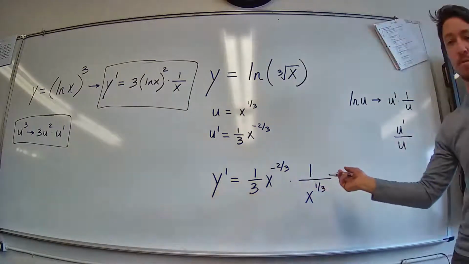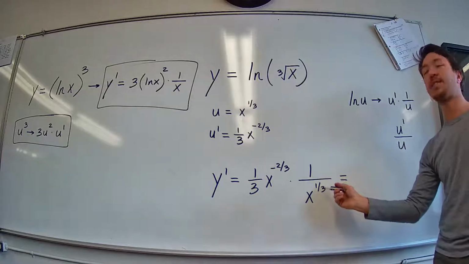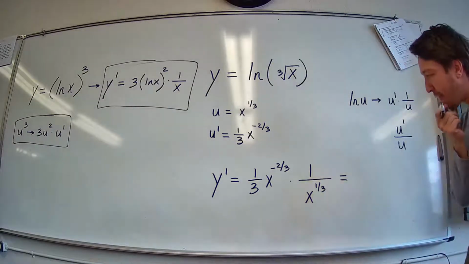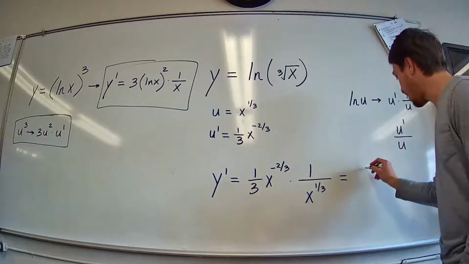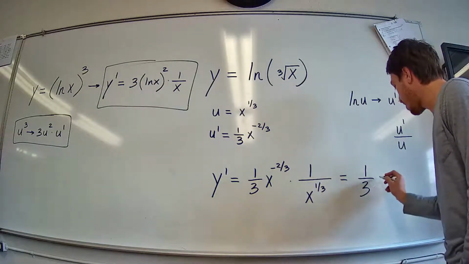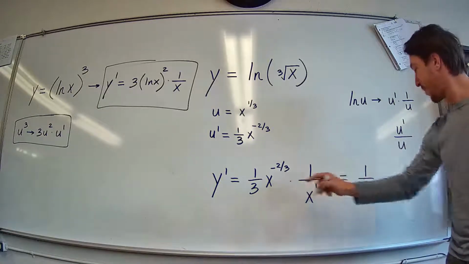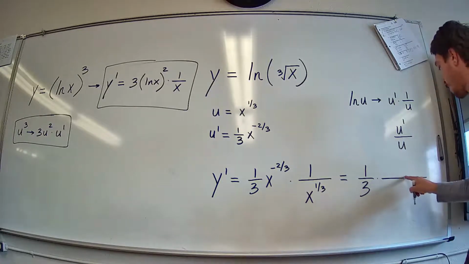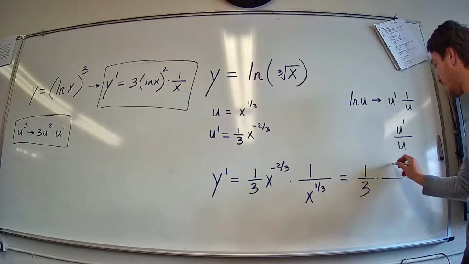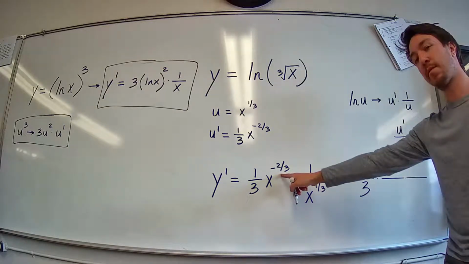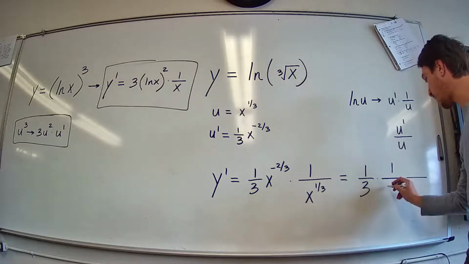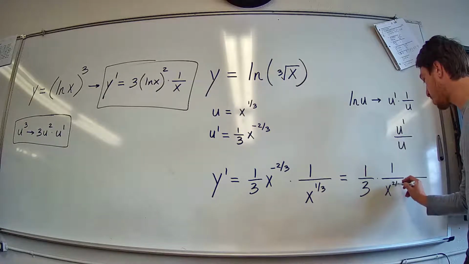Ugh, disgusting. But wait a second. Look at that. What's going on here? Well, it's a negative exponent, right? So that's like 1 over x to the 2/3.